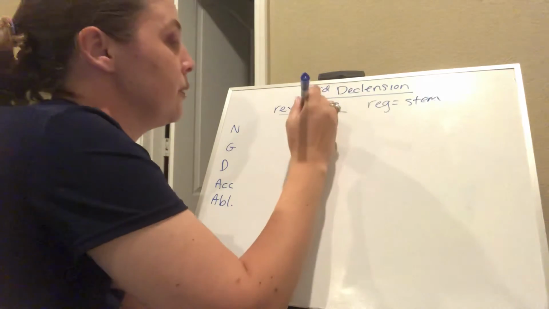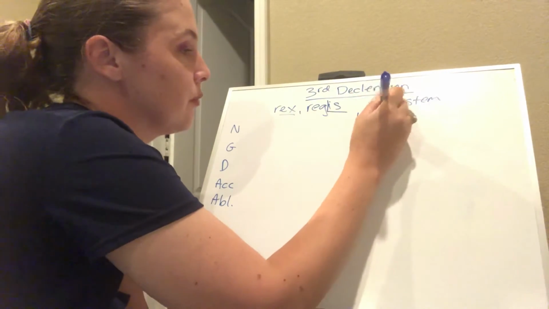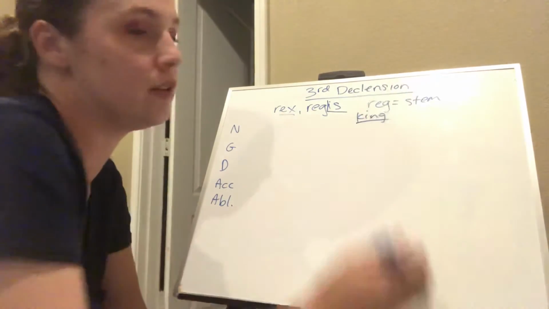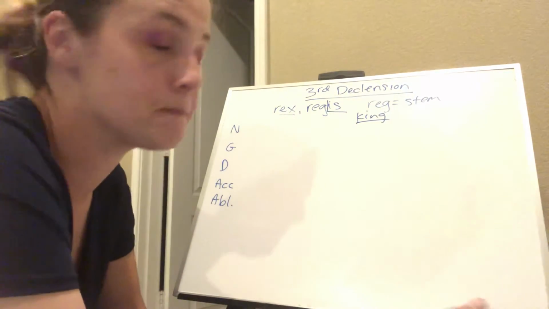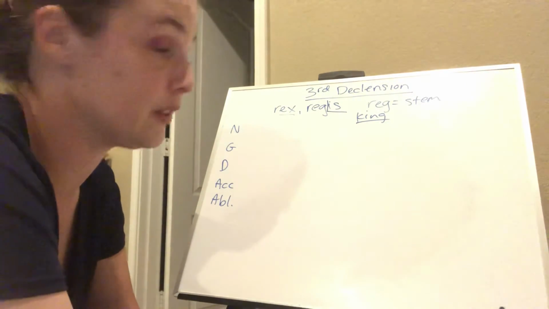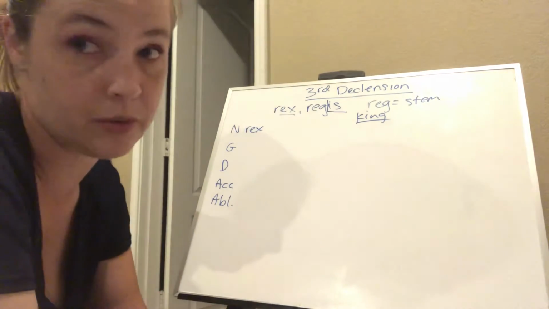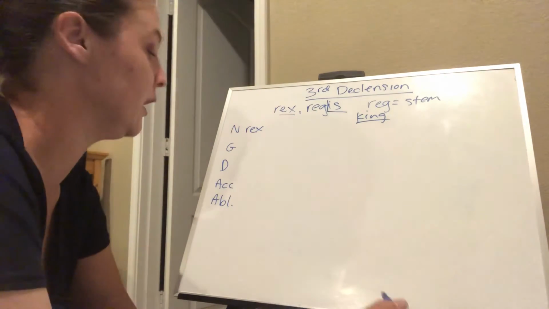I should probably write what it means. Well, I'll write it down here. It means king, just in case you've forgotten already. Okay? King. All right, let's see what we can do with this guy. We know that the nominative singular is going to be rex. It's given to us. Okay, so king.